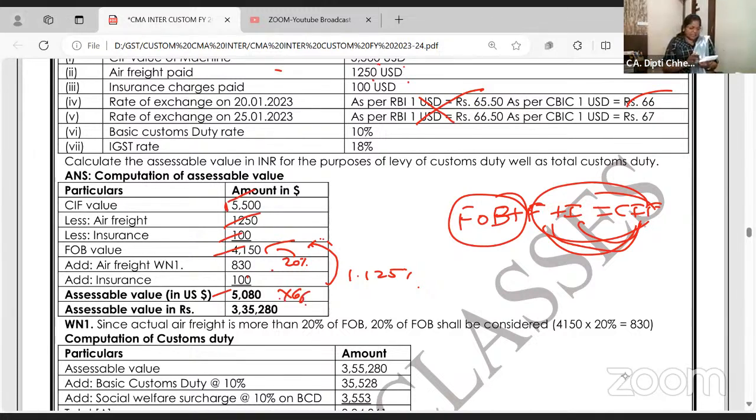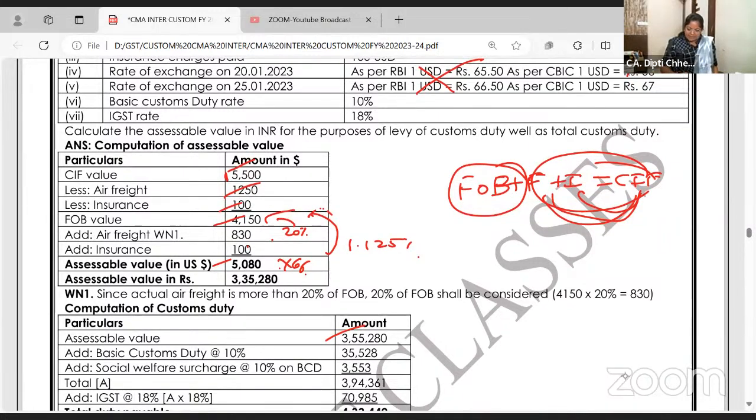Are you getting this answer? Yes. Clear? Why did we take 66?